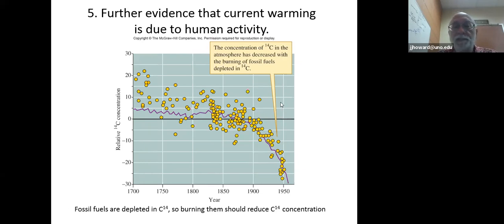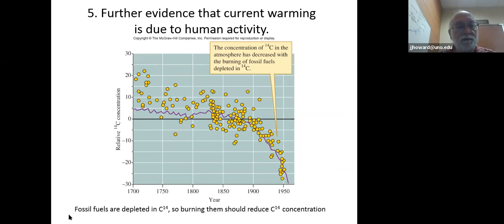It's because this carbon comes from fossil fuels. C12 is incorporated into plant tissues preferentially. C14 goes slower. The reactions go slower. So C12 is enriched in plant material. That means that if you're burning plant material, you're putting more C12 into the atmosphere, and the concentration of C14 drops.